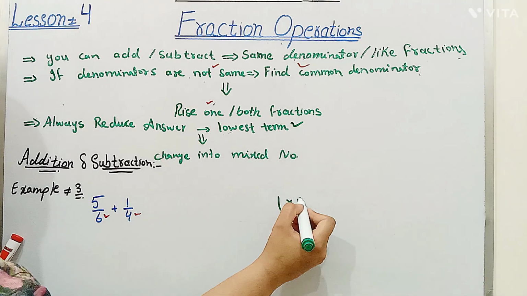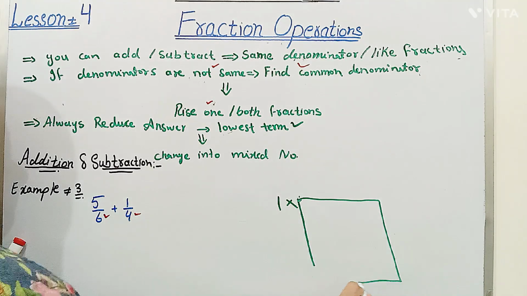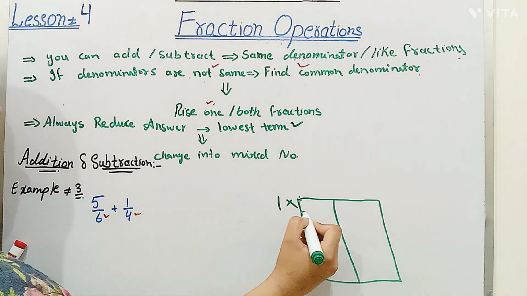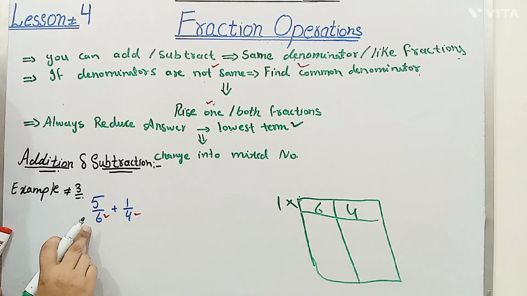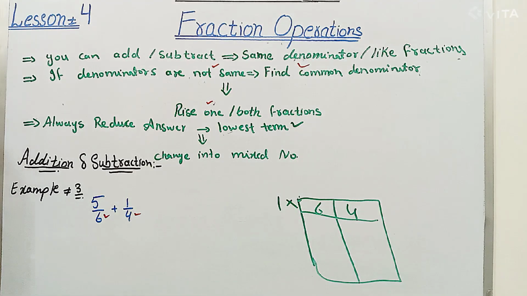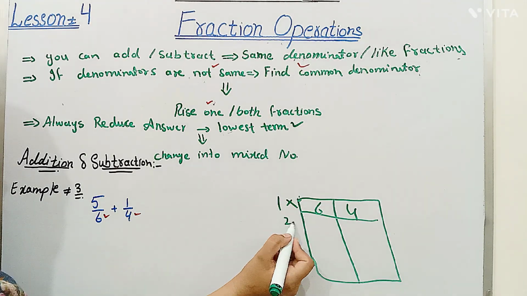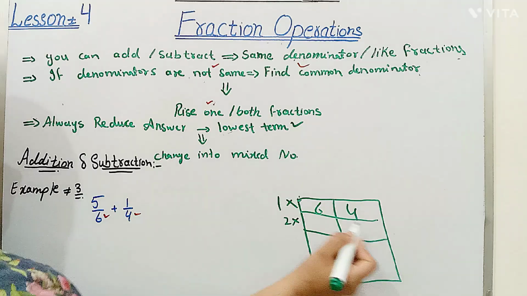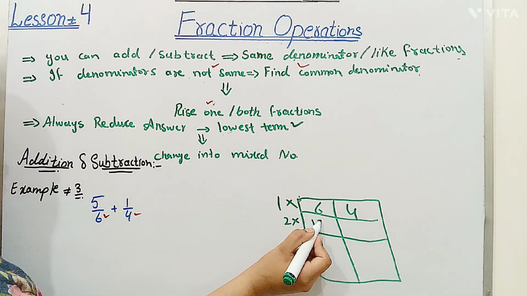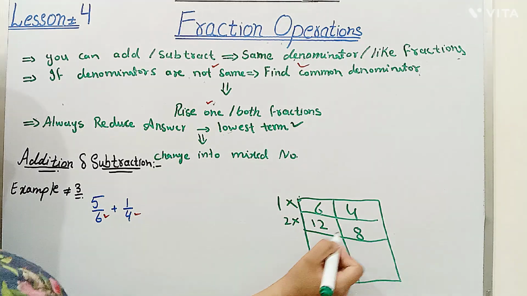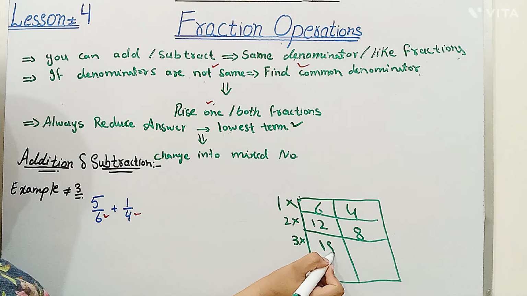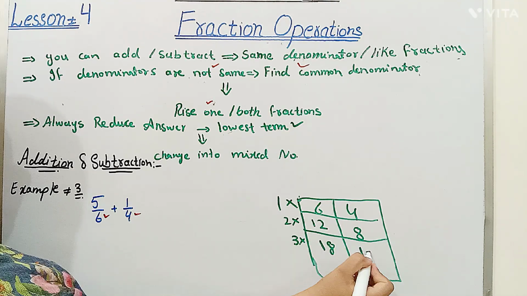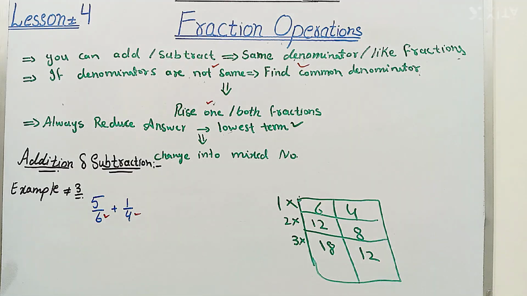1 multiplied by 6 is 6, 1 multiplied by 4 is 4. 2 multiplied by 6 is 12, 2 multiplied by 4 is 8. 3 multiplied by 6 is 18, 3 multiplied by 4 is 12. Aha!